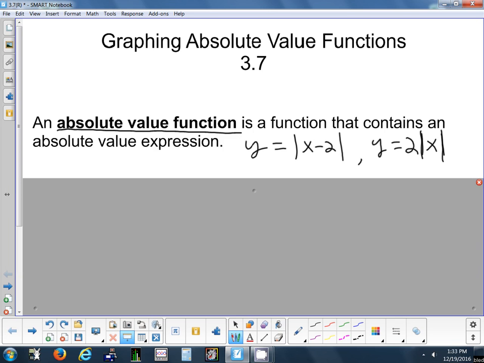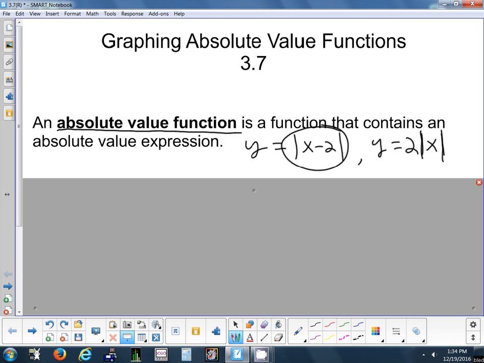Now, what do you think the simplest absolute value function would be? This isn't the simplest one: absolute value x minus 2. 2 times the absolute value of x, that's not the simplest one either. What do you think the simplest one you could have is? Y equals absolute value of just what?